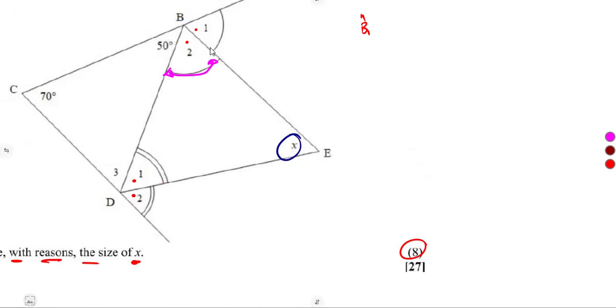If we add everything there, B1 plus angle B2 plus 50 degrees, we must get 180 degrees, angles on a straight line. Just going to write in short, guys. Angles on a straight line. So because B1 and B2 are the same, you're given that angle B1 is equal to angle B2.